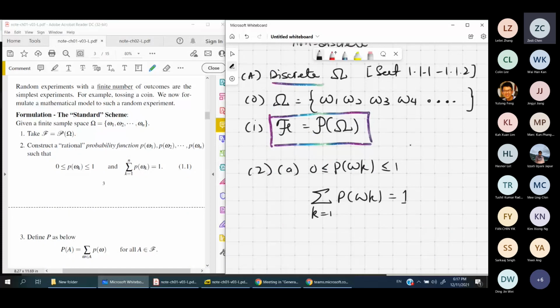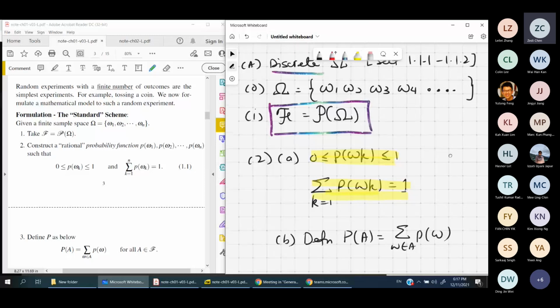Once we have verified this, we can define P of A to be the sum, over all omega in A, of P of omega. The most important ones are these two. Make sure you verify it satisfies this. If these two are satisfied, this must be a probability measure.